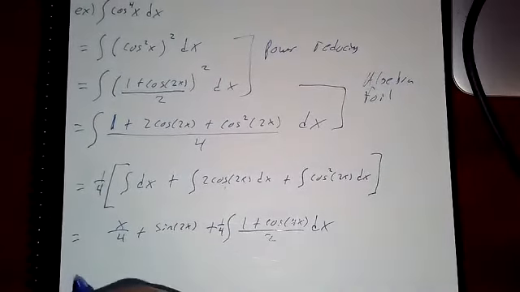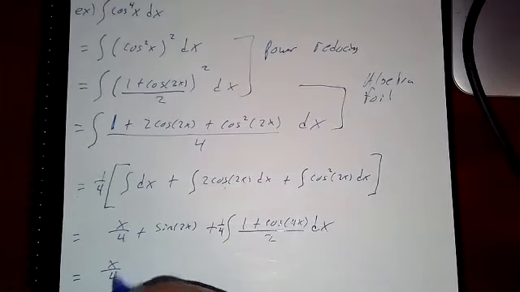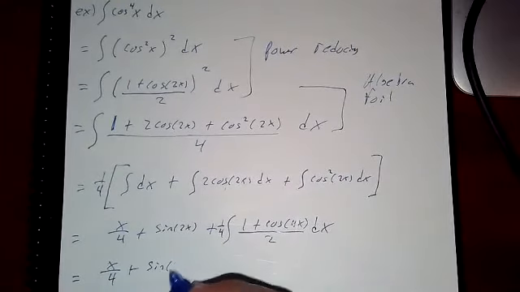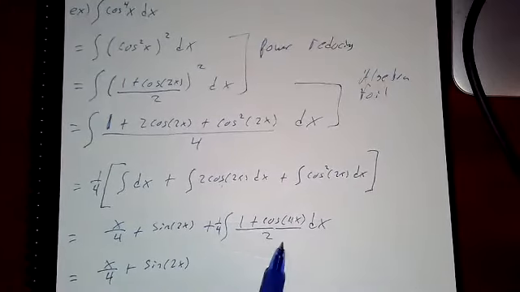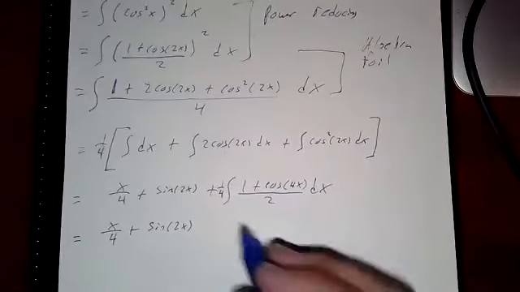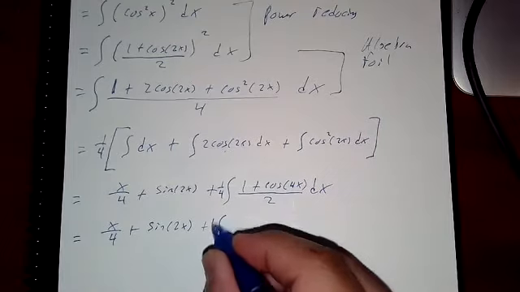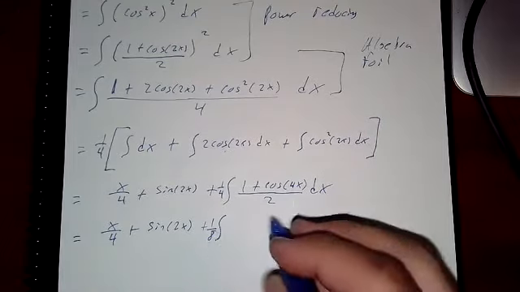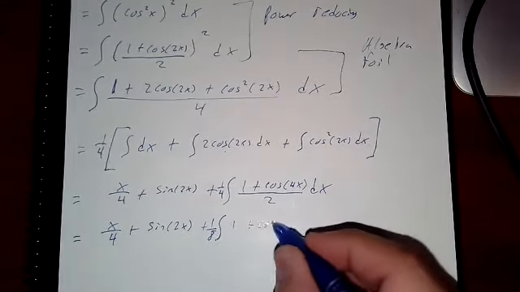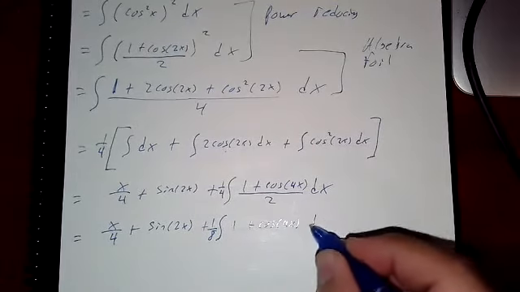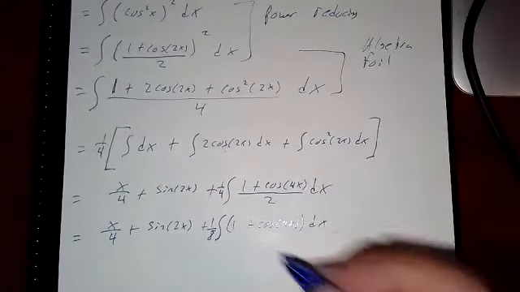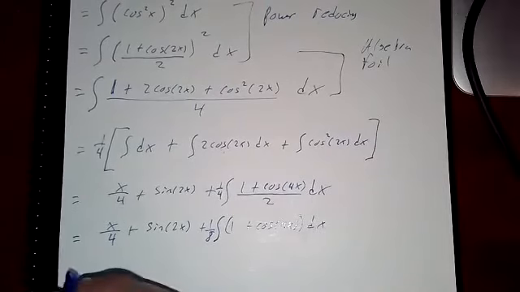There we go. So 1/4 times a half, that will be the integral of 1/8. Let's pull it out. Of 1 plus cosine 4x. I guess I didn't need that step, but whatever. It's done.